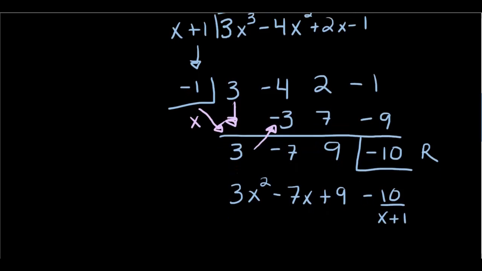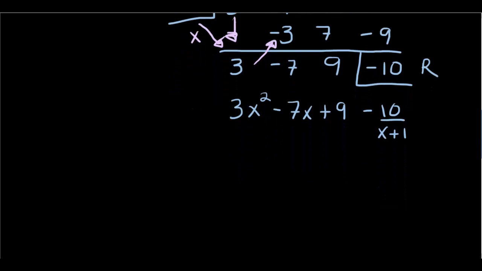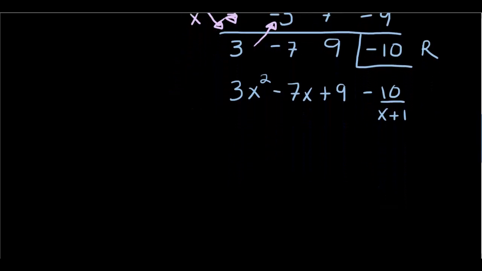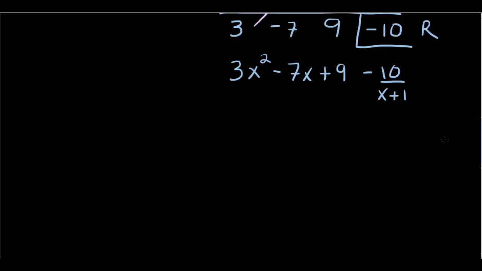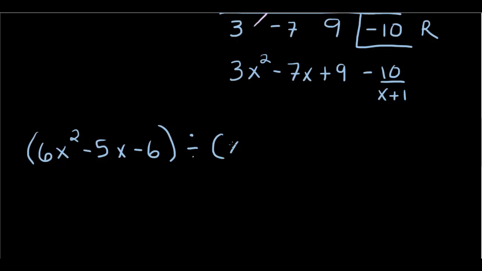Let's try another example. We're going to try 6x squared minus 5x minus 6, and this is going to be divided by x plus 3.